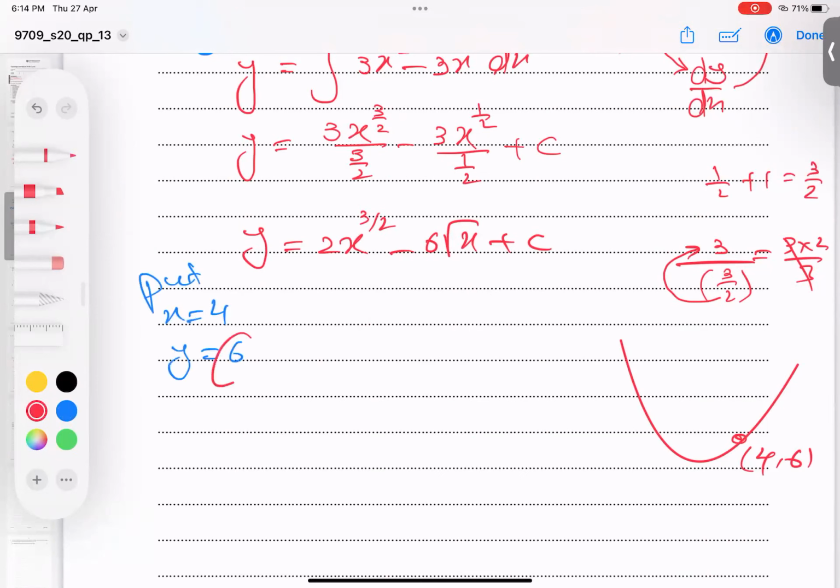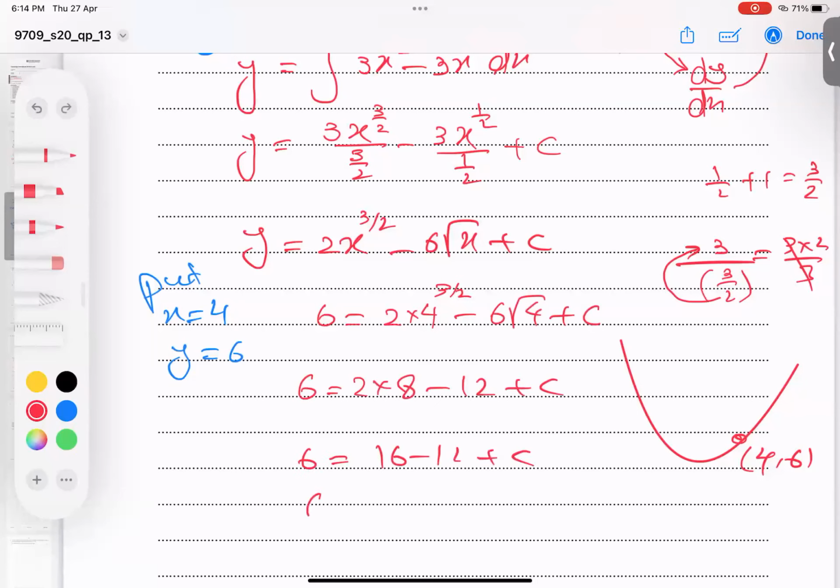When I replace the value here, I get 6, students, and 2 times 4 to the power 3 by 2, minus 6 root of 4, plus c. I know that this is 8 and this is 2. So 2 times 8 is 16, and 6 times 2 is 12. And I got 6 equals 16 minus 12.